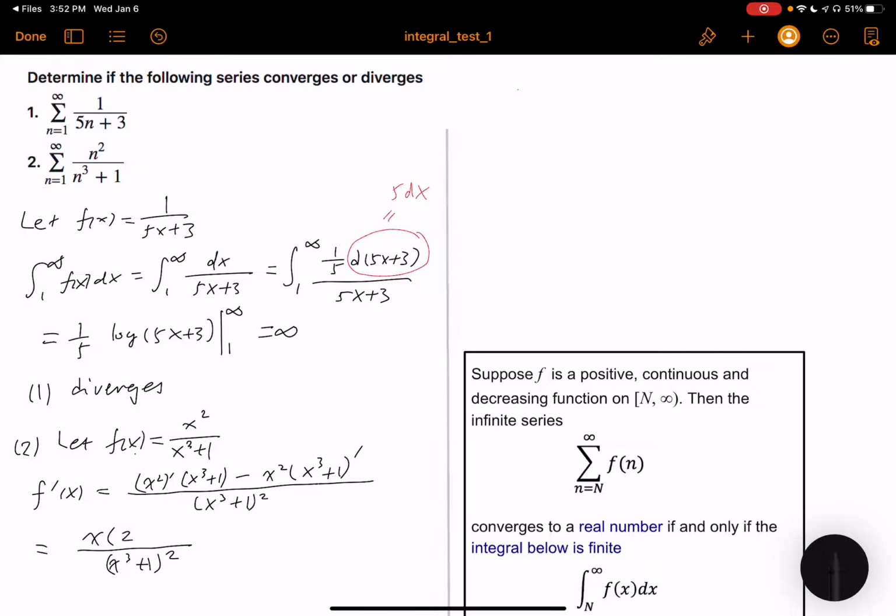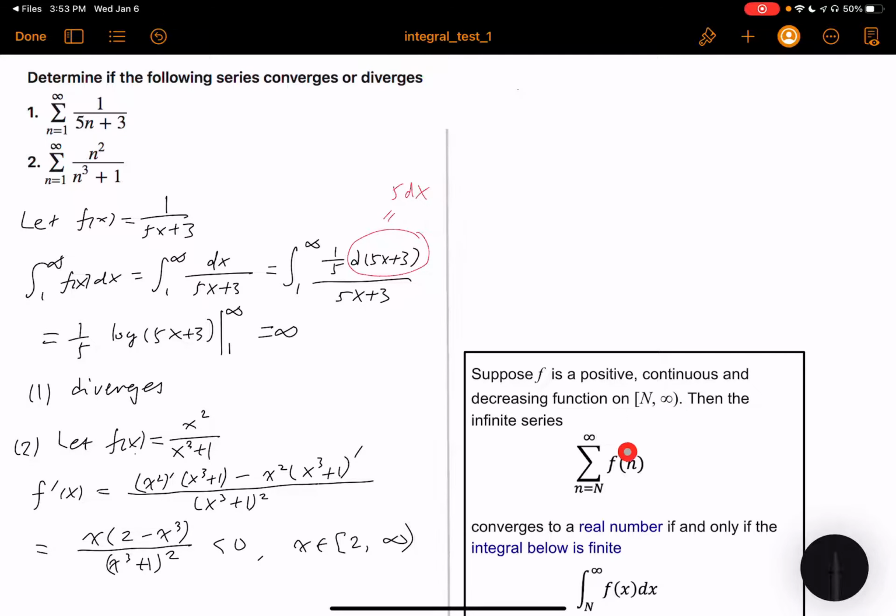Now, this is less than 0 when x is in the interval from 2 to infinity. So when x is greater than 2, this whole item is less than 0, which implies that f(x) is decreasing on this interval. So now we have f(x) is positive, continuous, and decreasing on the interval from 2 to infinity.